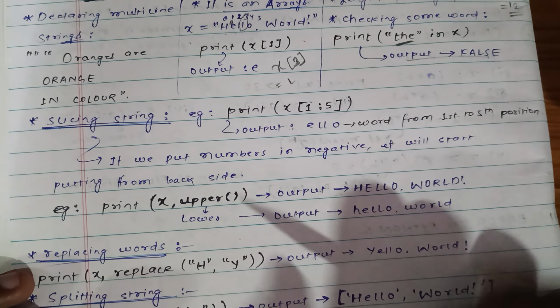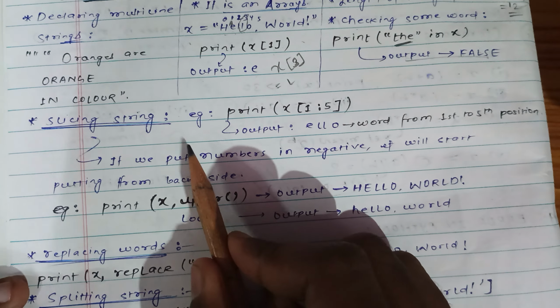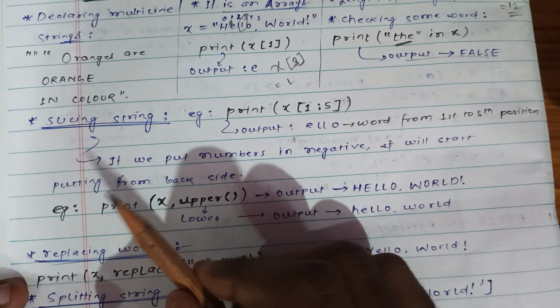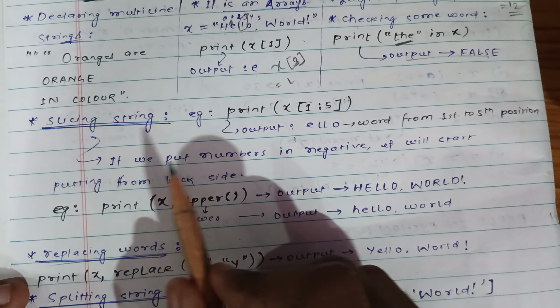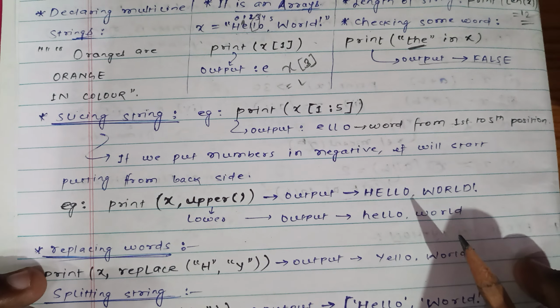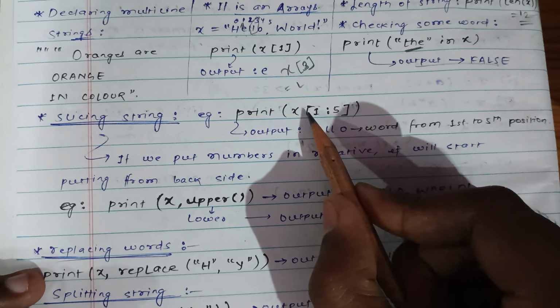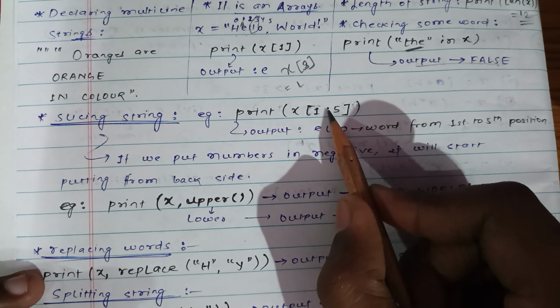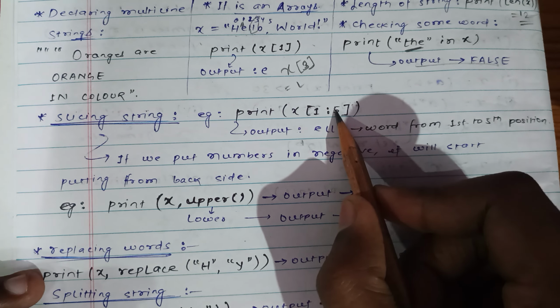Now the fourth point is slicing a string. So what does slicing a string mean? We have to cut the string from somewhere to somewhere, not from the start to the end. Okay, so see here it is written print x[1:5], not 1 semicolon 5.